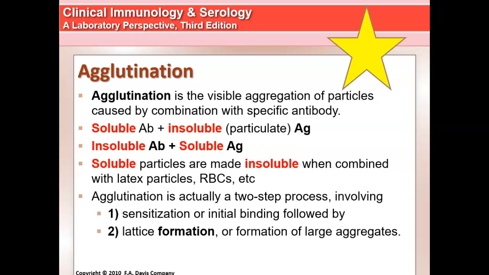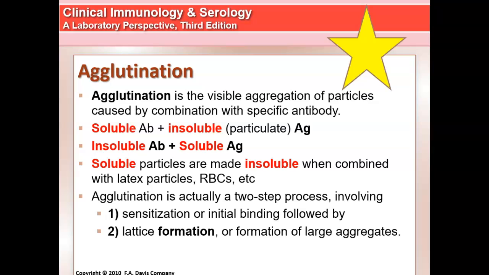Soluble particles are made insoluble when they combine with latex particles or red blood cells, etc., like dyes or liposomes. Red blood cells and bacterial cells have a slight negative charge that will repel each other, and we'll talk more about that a little later in this lecture.